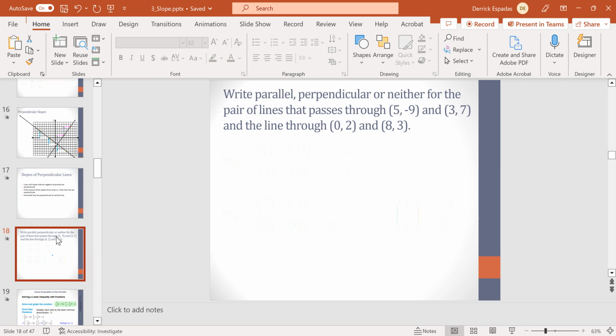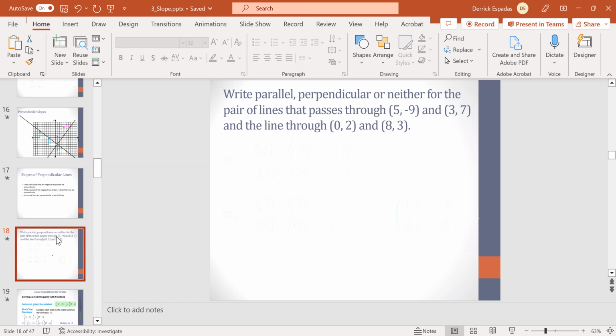So in this question, they want to know if the lines are parallel, meaning the slopes of each line are the same. Perpendicular means one slope is going to be the negative reciprocal of the other, or neither, they just have different slopes. All right. So let's see here.